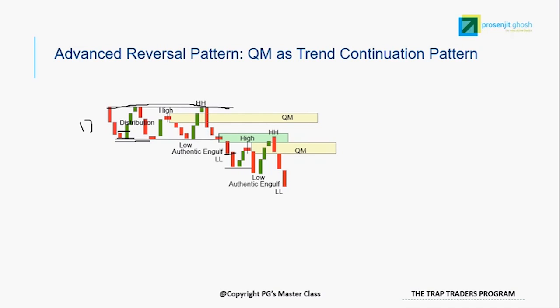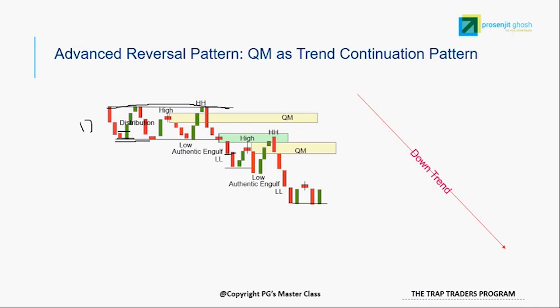Why am I showing you this? Because in a chart you will see QMs forming one after another, and this is how price will continuously move in a trend. These are continuation patterns.